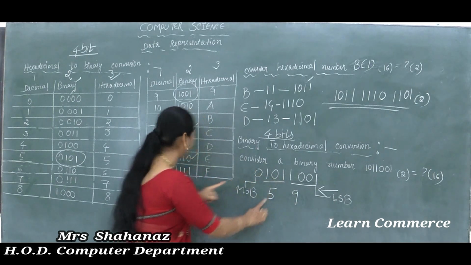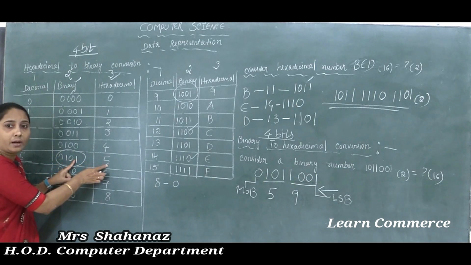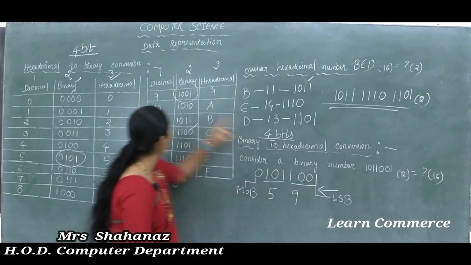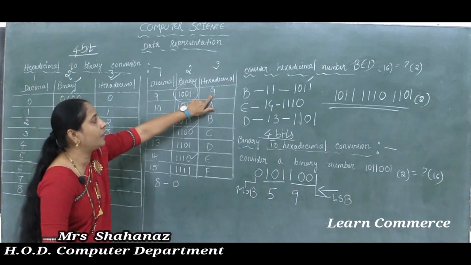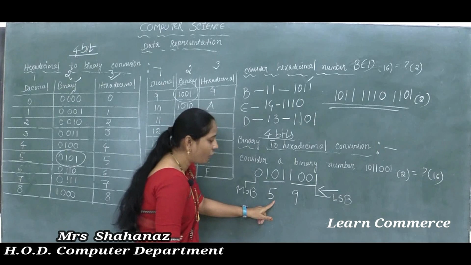For the binary number 0101 we get 5, and next for 1001 the hexadecimal number is equal to 9. Like that we got the answer.